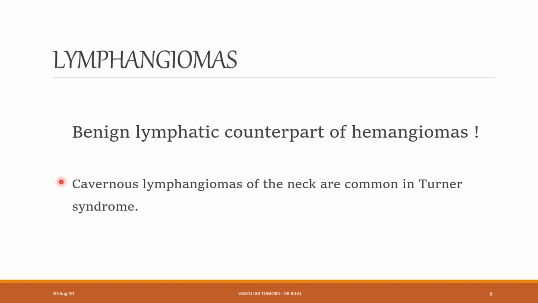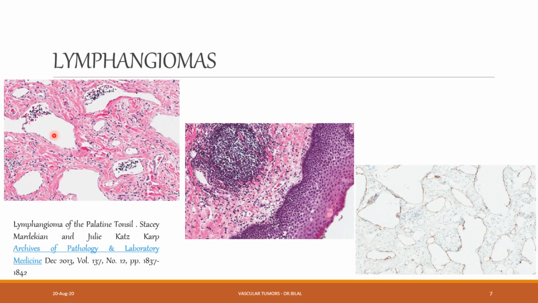Now, lymphangiomas are benign lymphatic counterparts of hemangiomas. They almost look like hemangiomas as far as you're concerned. There are a few differences, but remember that these are benign lymphatic counterparts of hemangiomas. And this is how a lymphangioma may look.